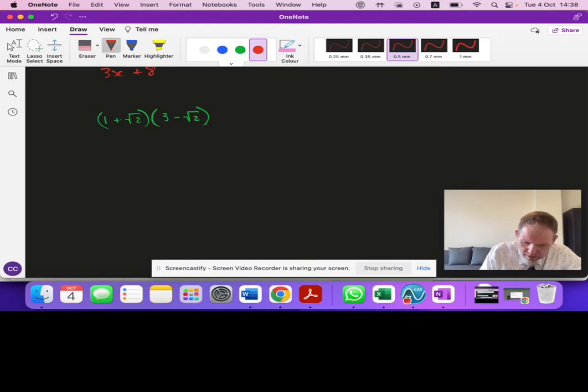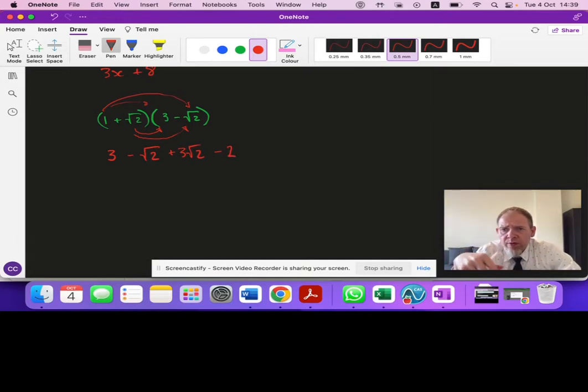Now, again, I like the FOIL method. That's what I'm going to do. So I'll do 1 times 3, which is 3, and then 1 times negative square root of 2, which is minus the square root of 2, and then the square root of 2 times 3, which is plus 3 square roots of 2, and then the square root of 2 times negative square root of 2, which would give me minus 2.